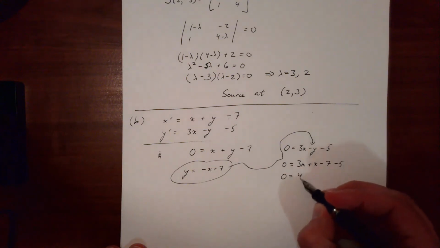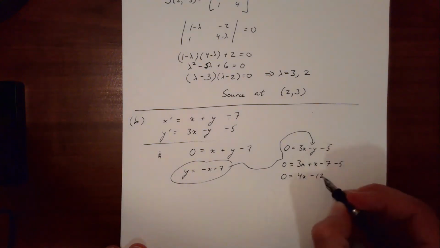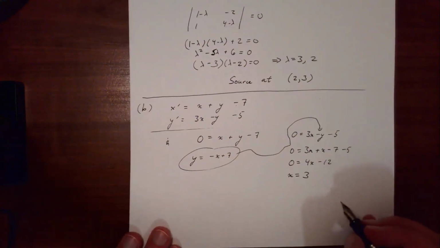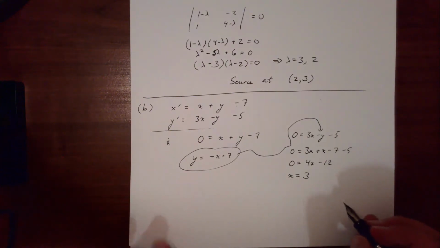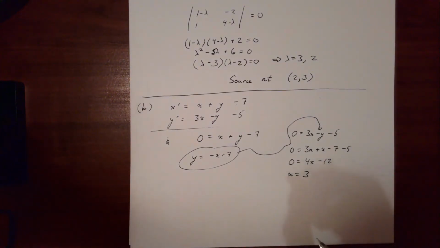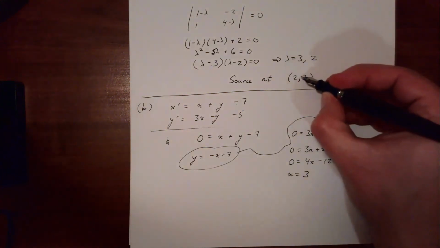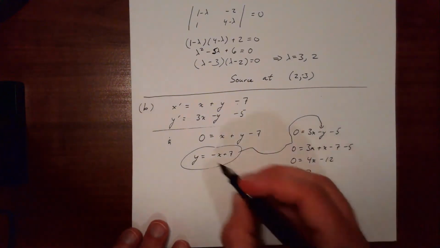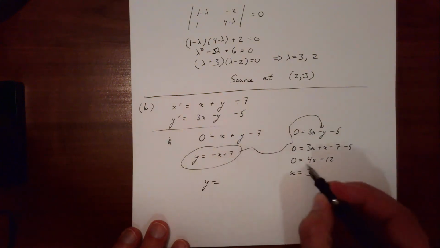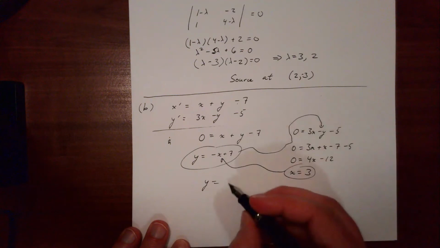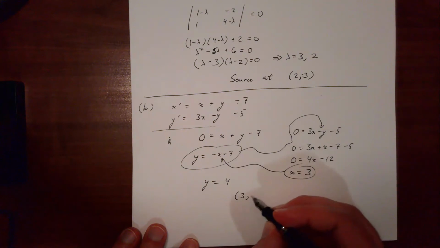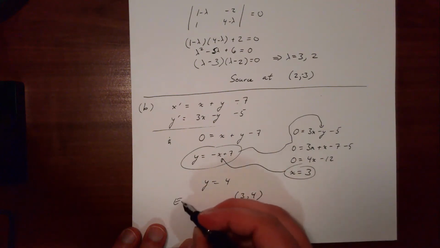So 0 equals 4x minus 12, which then add 12 divided by 4 gives us x equals 3. And then for the other one, you take that and you plug it in here, and it's going to be negative 3 plus 7 is going to be 4. So 3, 4.